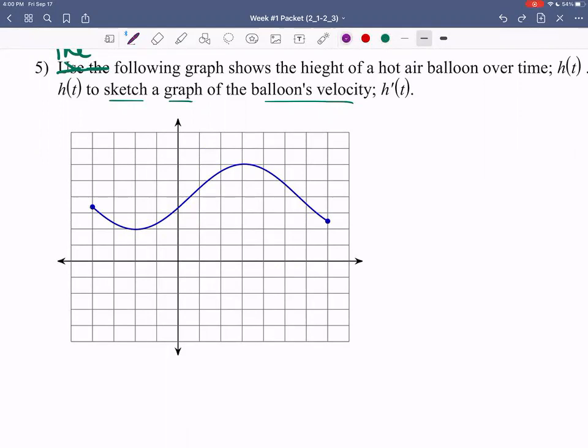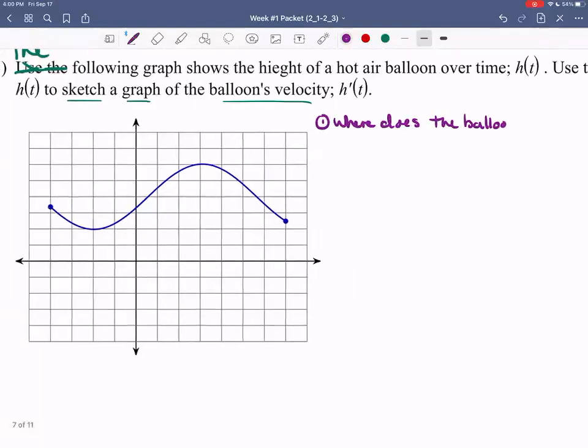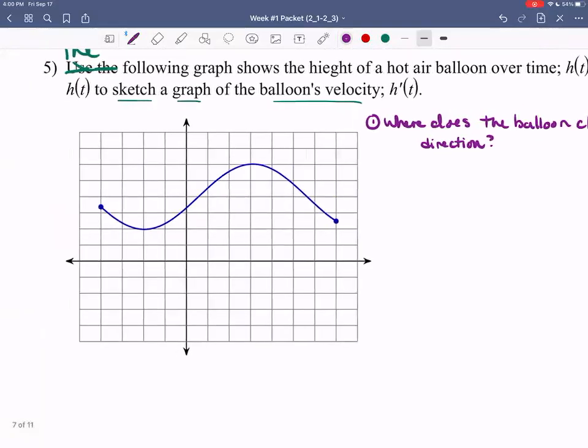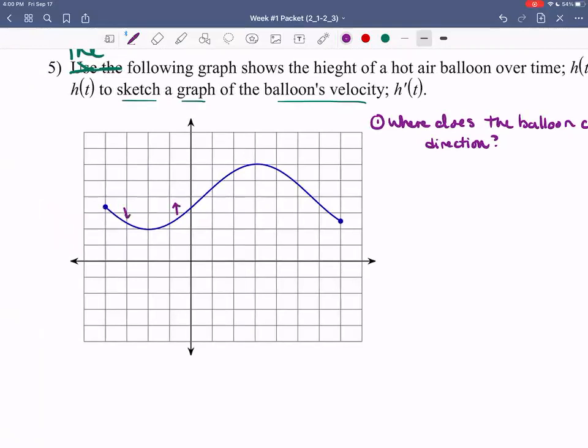So first consider, where does the balloon change direction? So we see the balloon is decreasing, then increasing.